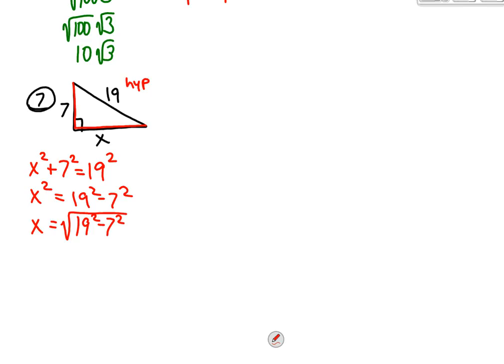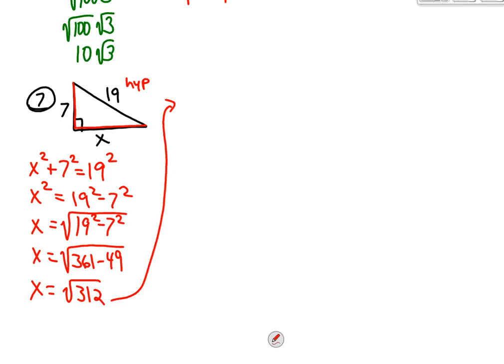And now, since we just put things in simple radical form, that's what we're going to do in this problem. So x equals, when I square these, the square root of 361 minus 49. So x equals the square root of 312. And then I'll kind of just go up over here. And so then x is the square root of 312.